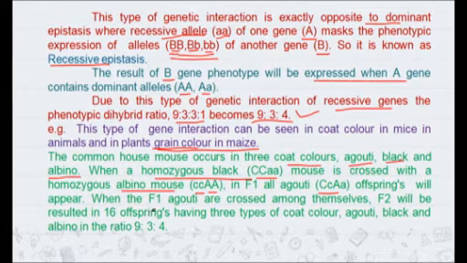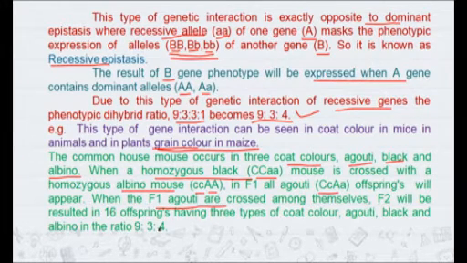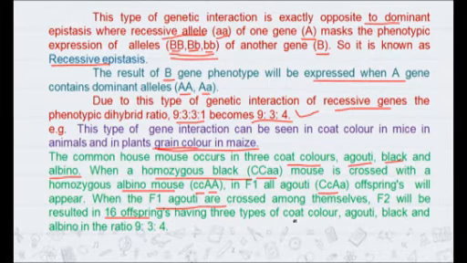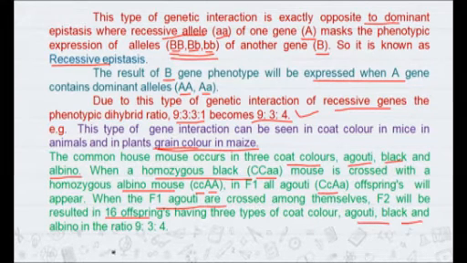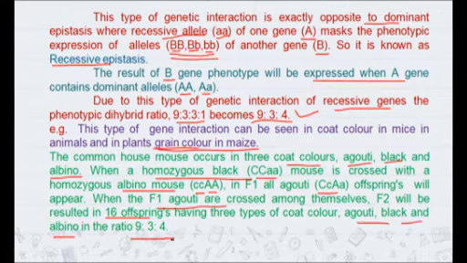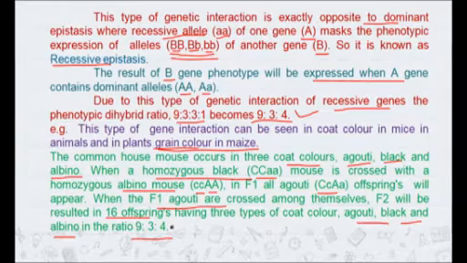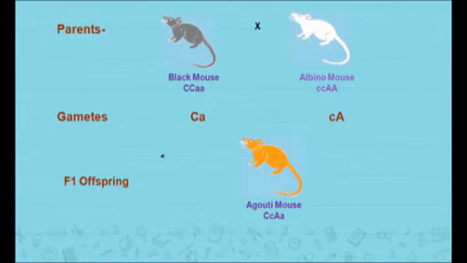When the F1 agouti are crossed among themselves, the F2 results in 16 offspring as usual, with three coat colors: agouti, black, and albino, appearing in the ratio 9:3:4. We will see it diagrammatically.